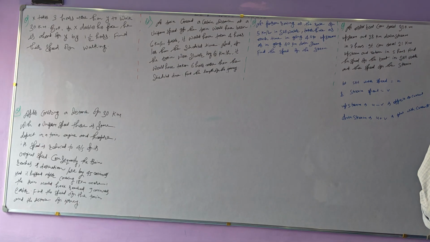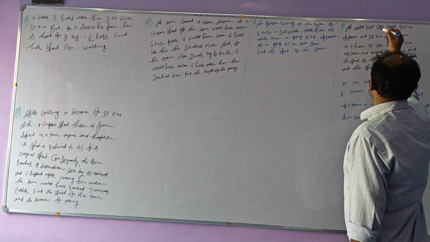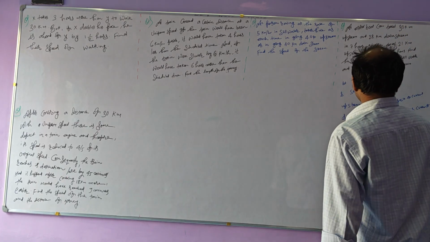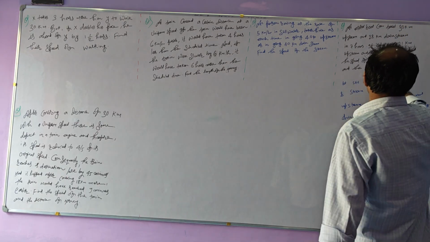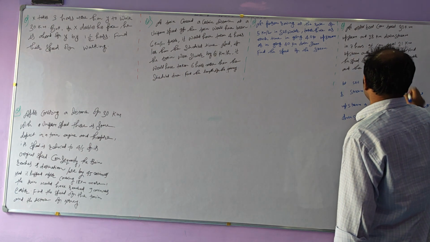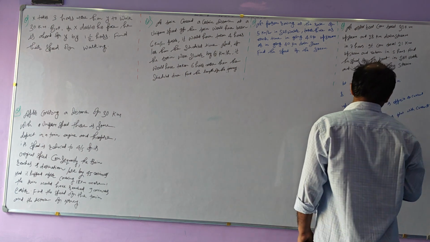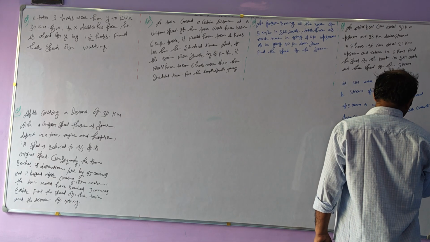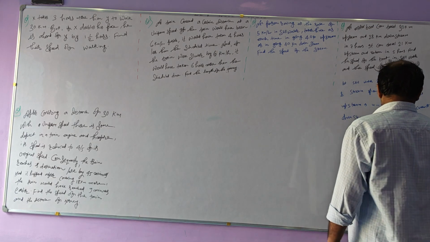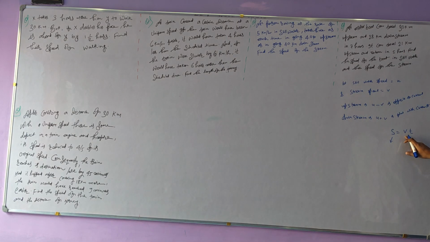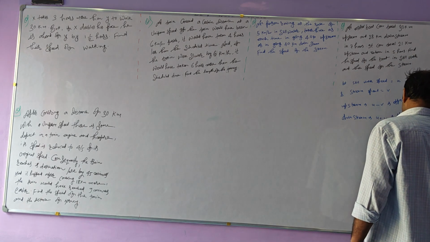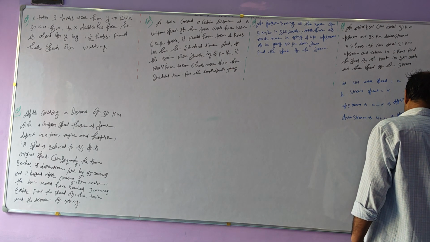Now, a motor boat can travel 30 km upstream and 28 km along with the downstream in 7 hours. Then we know S is equal to V t, where S is distance, V is speed and t is time. Now t is equal to what?